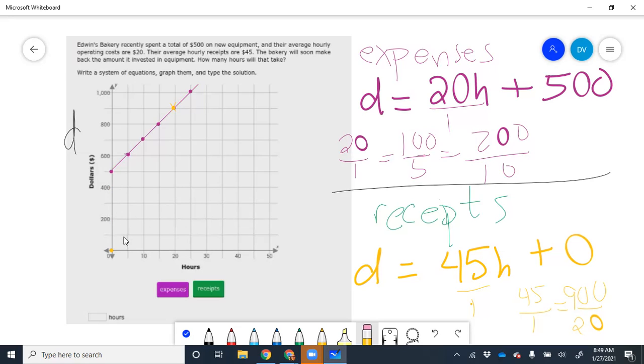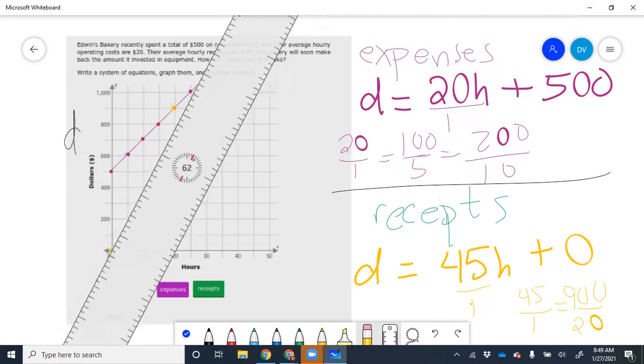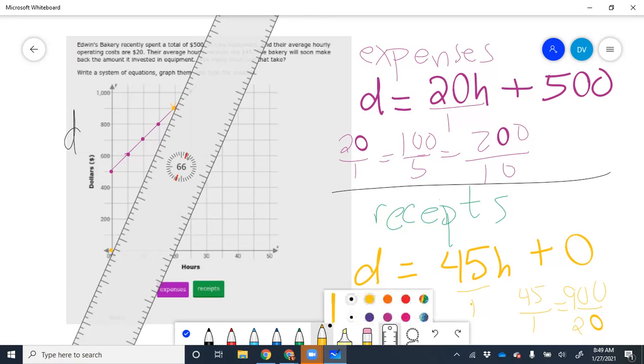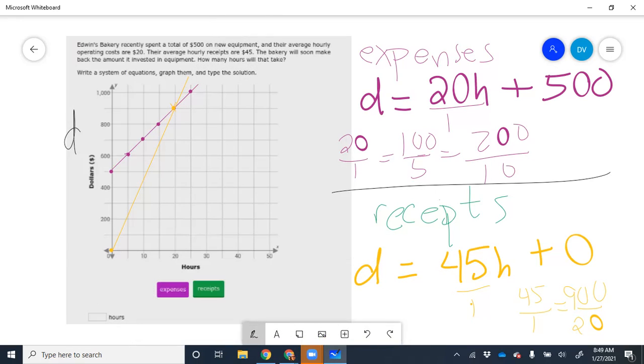It will be a lot more efficient. But let's just go ahead and connect those yellow with the line. Okay, I need to make that pretty thin. And then it's easy to see that they intersect right here.